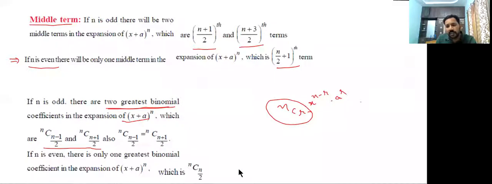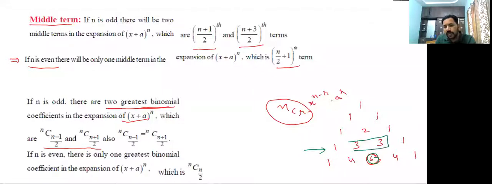Already you know the Pascal triangle: 1; 1, 1; 1, 2, 1; 1, 3, 3, 1; 1, 4, 6, 4, 1. Here observe that in this case, this is a middle term. In this case, this is a middle term. In this case, observe that these two are middle terms. Whenever we get two middle terms, those binomial coefficients are equal.